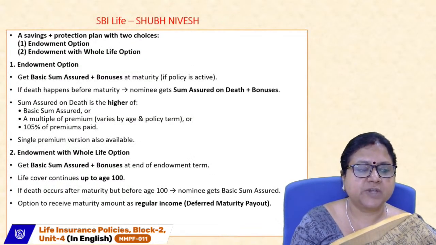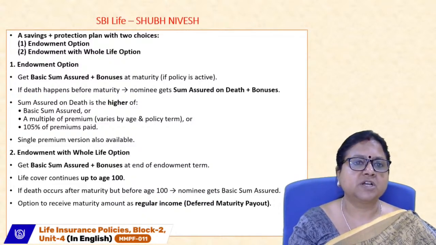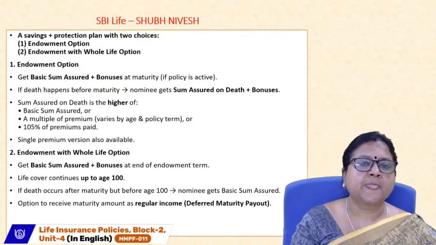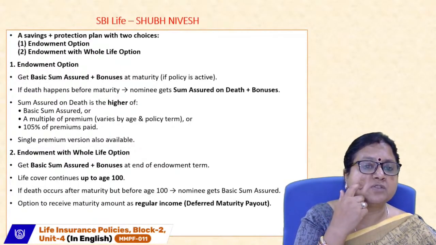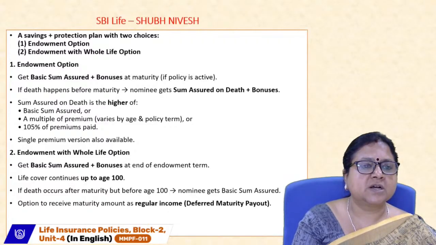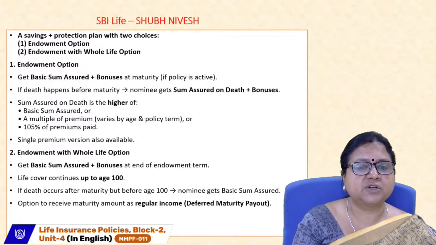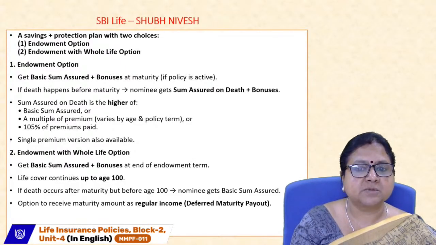Now I will quickly browse through two types of life insurance products, like SBI Sukh Nivesh. This is an endowment option as well as an endowment with whole life option. You get a basic sum assured plus bonuses at maturity. If death happens before maturity, the nominee gets the sum assured plus the bonus.